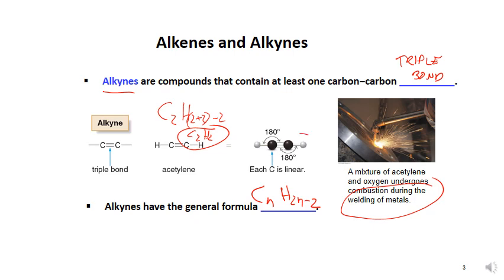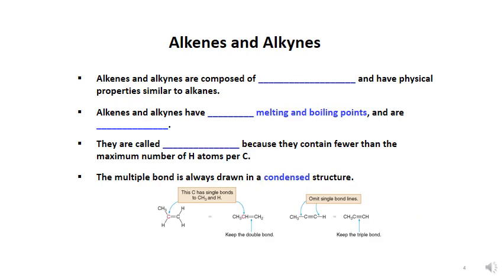And of course, the shape of anything where you only have two places where electrons can be found is linear, so this is also a two-dimensional molecule. Not three-dimensional, but two-dimensional. Okay. Because we have alkenes and alkynes that are still hydrocarbons, these are nonpolar bonds. And because they're nonpolar, in general, they have physical properties similar to alkanes.